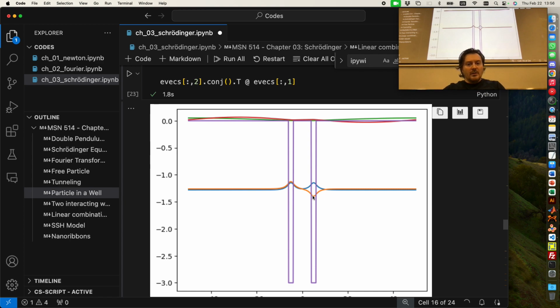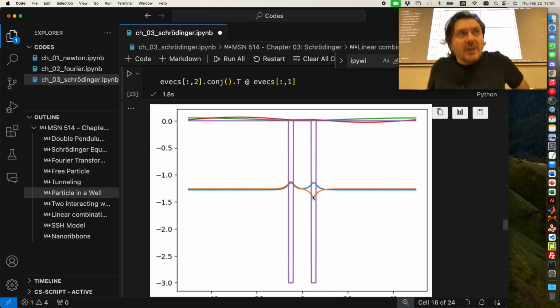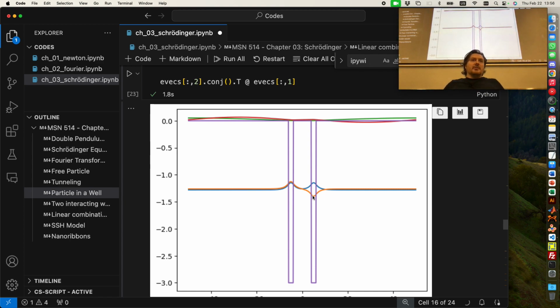Okay? The way that we solved it is actually we are treating it as a single electron, right? We have one Hamiltonian that has double wells, and we solve that Hamiltonian.